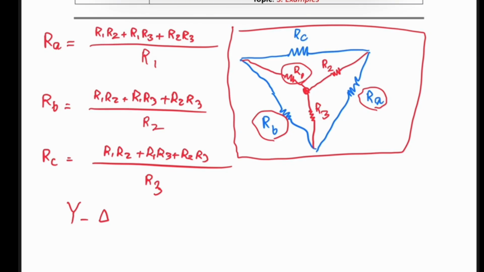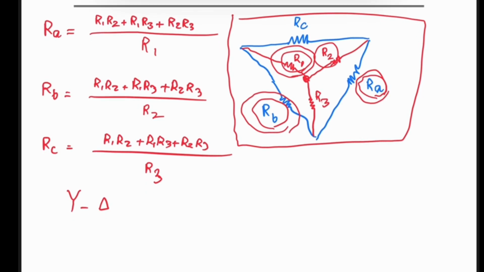But in the denominator, we are looking for the resistor which is opposite in the Y connection. If I want to find RA, the opposite resistor in the Y network is R1. The resistor opposite to RB in the Y network is R2. And finally for RC it should be R3.